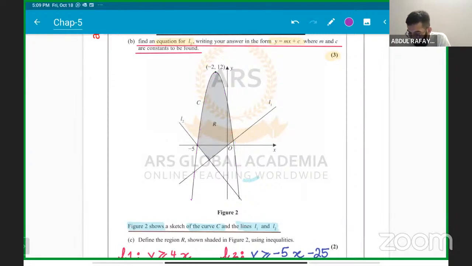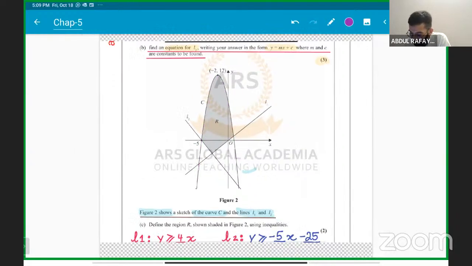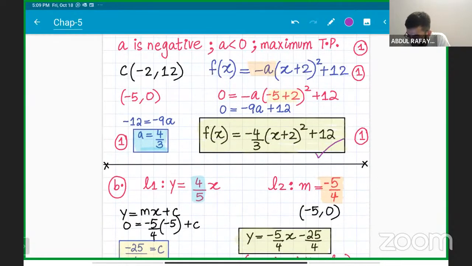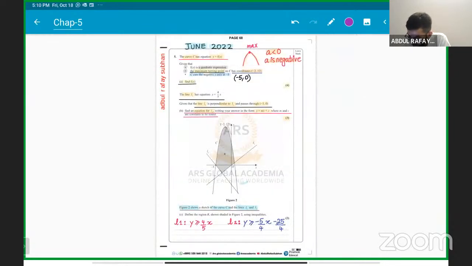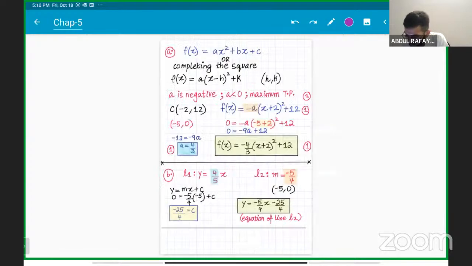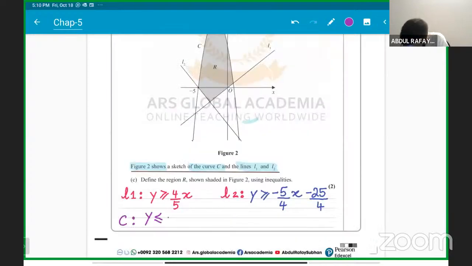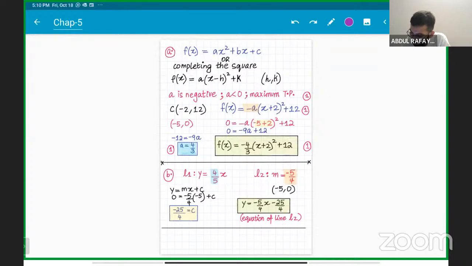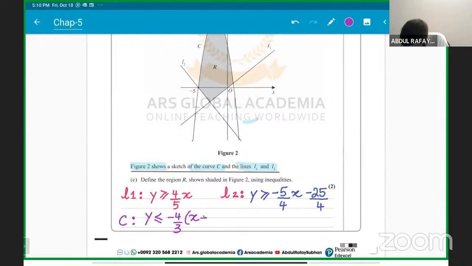So you should be telling the examiner that it will be less than whatever the equation was. We found out the equation as this. So we have to take help from part A and write down that the curve C is y is less than or equal to minus 4 over 3 times (x plus 2) whole squared plus 12.